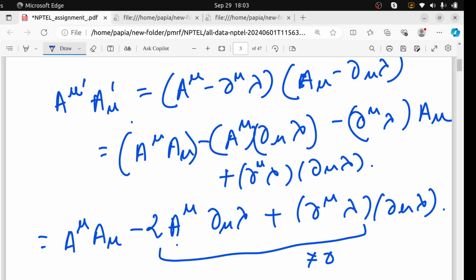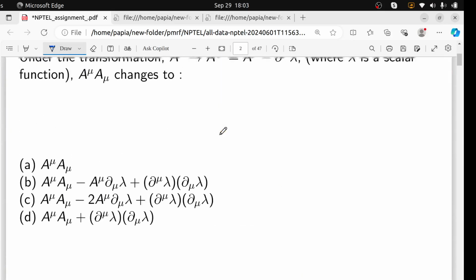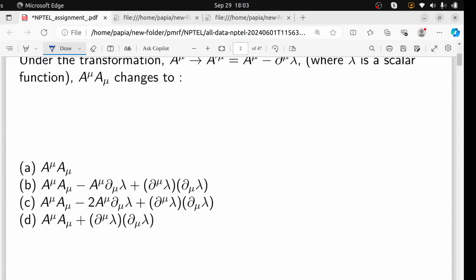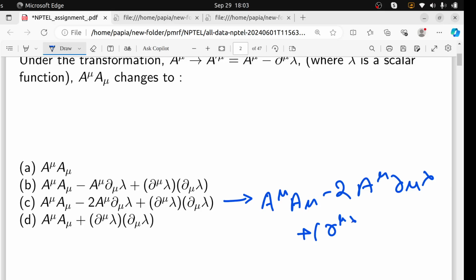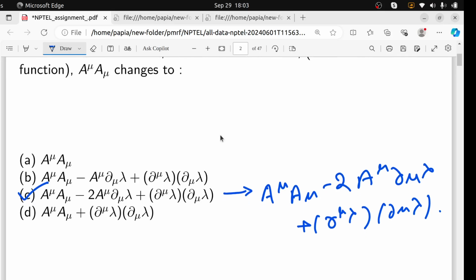That means it is not invariant under gauge transformation, which we have already seen in the last class as well. So the correct answer for this question will be C, A mu minus 2 A mu del mu lambda plus del mu lambda.